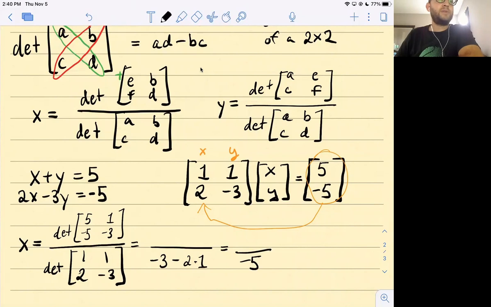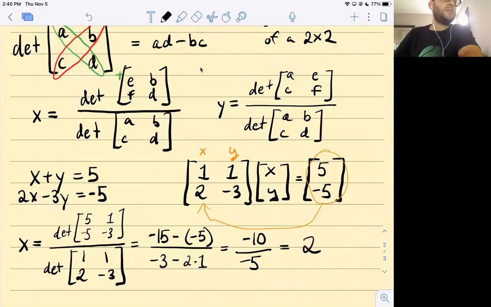Please just jump in if I made a miscalculation. And then in the top, the determinant is -15 minus -5 times 1. You have to be really careful with the minus signs and remembering that if you have two negatives, it adds. So that becomes -10, and -10 over -5 is just going to be +2.